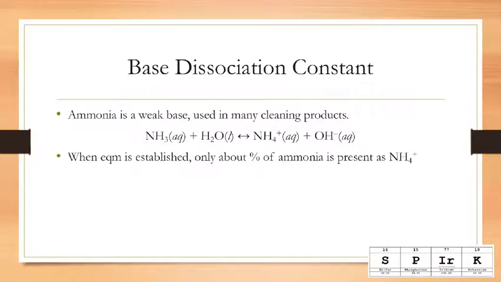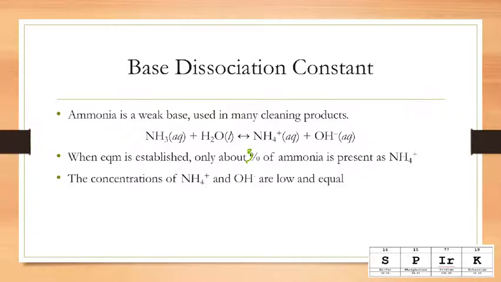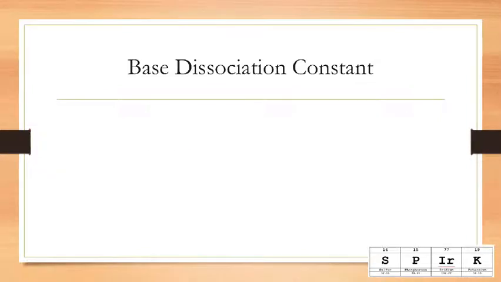When equilibrium is established, only about 3% of ammonia is present as NH4+. The concentrations of NH4+ and OH- are low and equal.